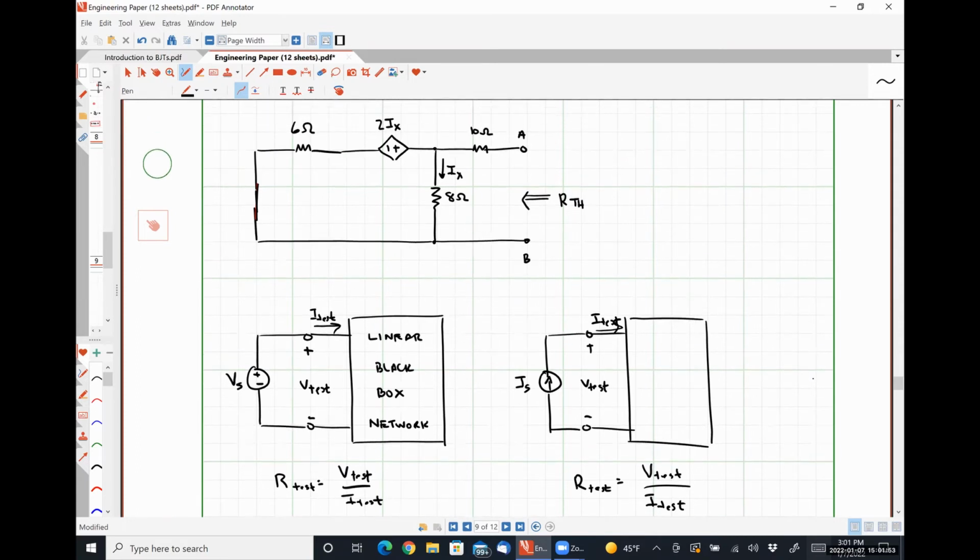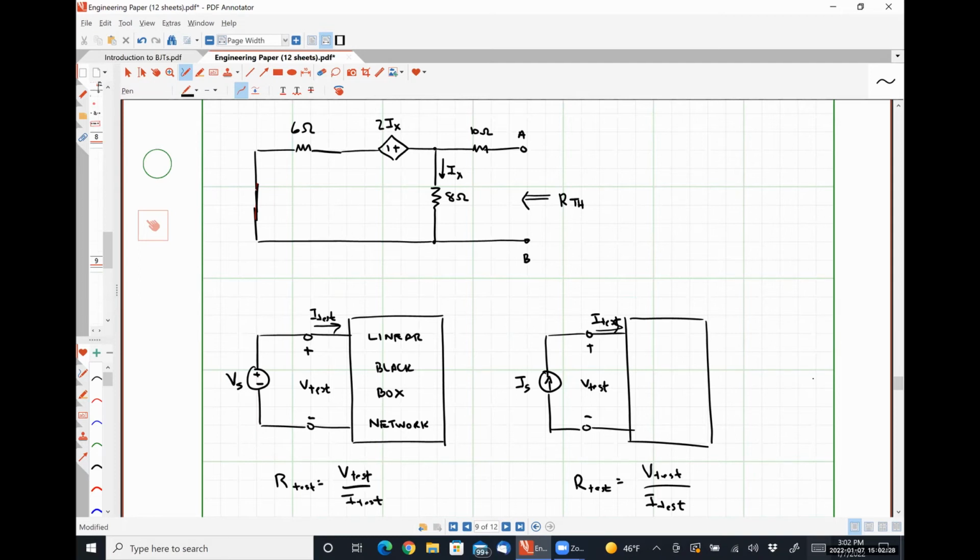So what I mean by that is that we can take that network at the top and we can apply either a voltage source across the open circuit terminals. And that voltage can have literally any value that we want or any polarity that we want. And the ratio of V test that we choose divided by I test that we measure will be the Thevenin resistance of the circuit because it's a linear circuit.